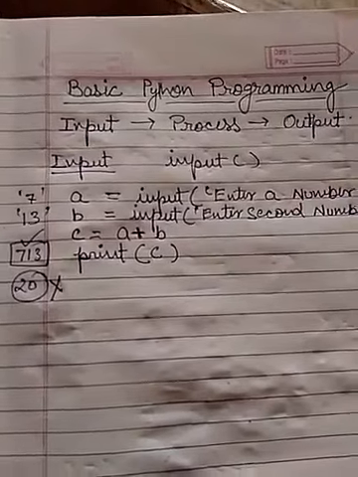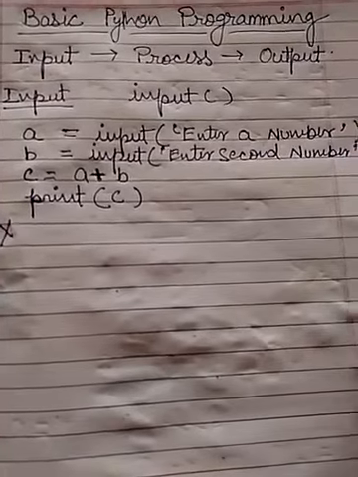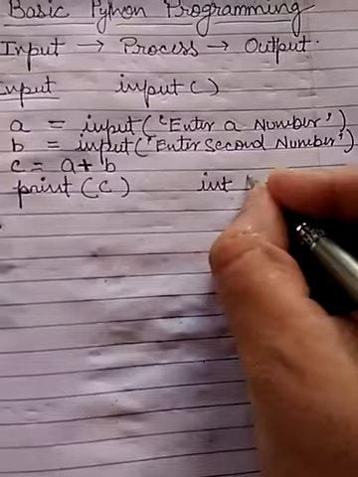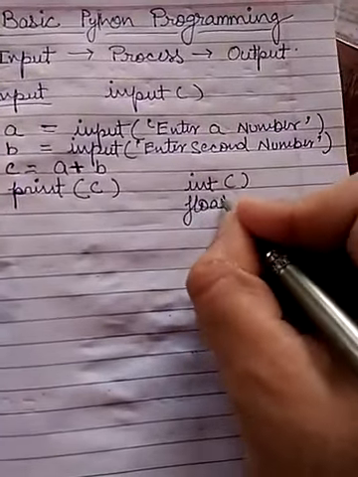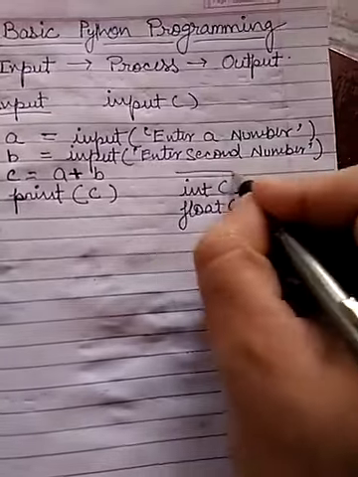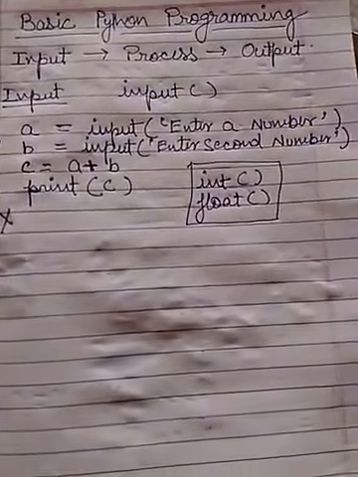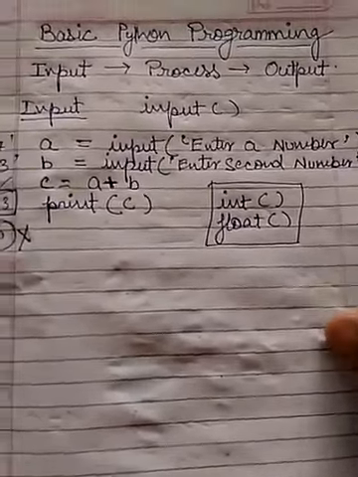If we want to read the content in the form of integer or float, then there are built-in functions int and float. These are the functions provided by Python to read the value in the form of integer or in the form of float.